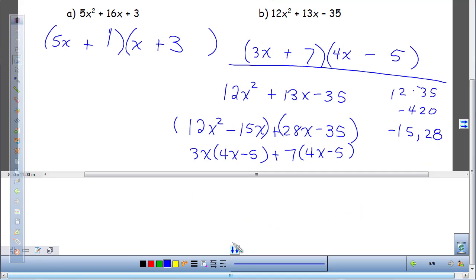So now we've got 4x minus 5 in common. It works itself out. Okay, yeah, I was trying to do that step backwards, I think. When we factor by grouping, it works itself out. Okay. All right. Other questions? Okay, very good.